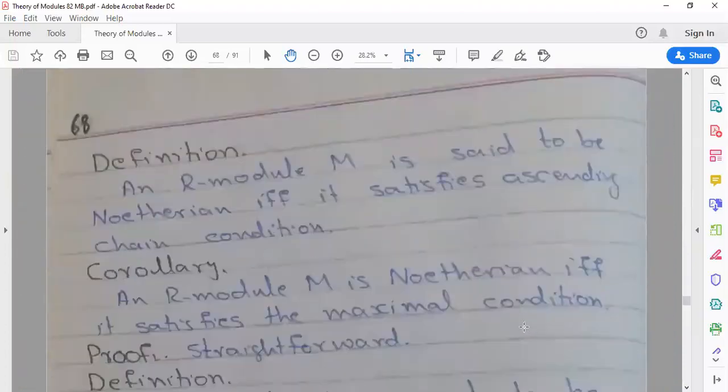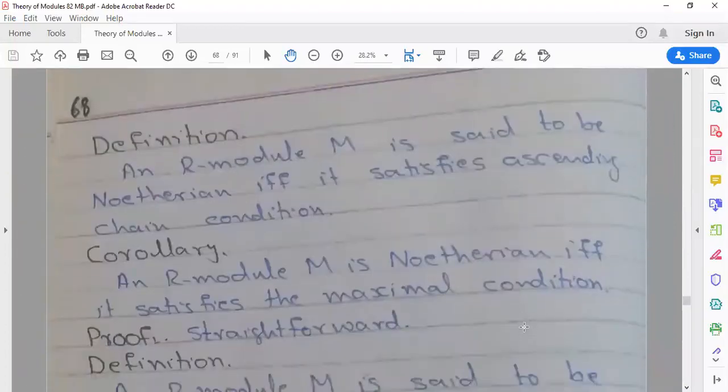After this, we have studied some definitions. An R module M is said to be Noetherian if it satisfies the ascending chain condition. Before, in Dr. Lekha's sub notes, we already studied what is Artinian, what is Noetherian, and also taught some theorems related to Artinian and Noetherian.